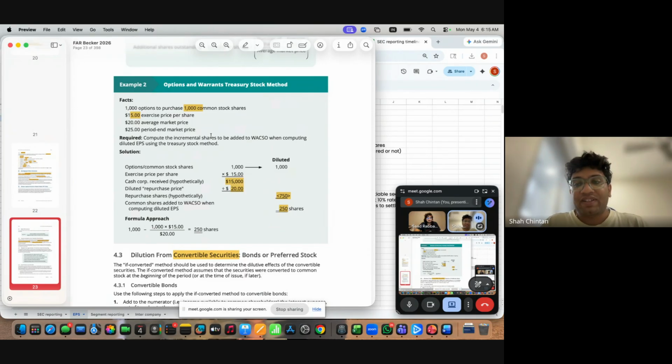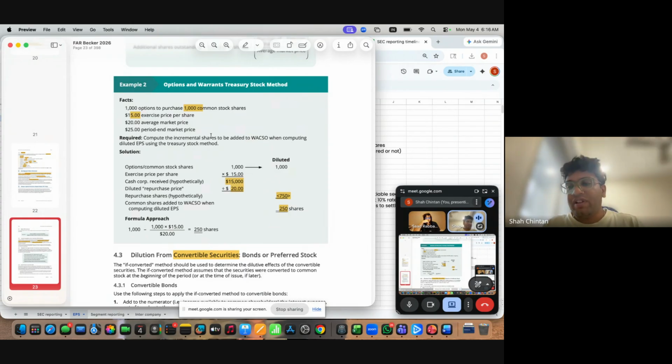Now, how is 750 calculated? Saad is paying $15,000, but the price in the market is $20 per share. So effectively, he has only made a payment for 750 shares. The company is giving 250 shares as free, as a bonus, because of the option attached to the warrant. Hence your number of shares increased is 250, which is effectively a free share or a bonus share given by the company to you. This is how you should read this example to get the concepts right.